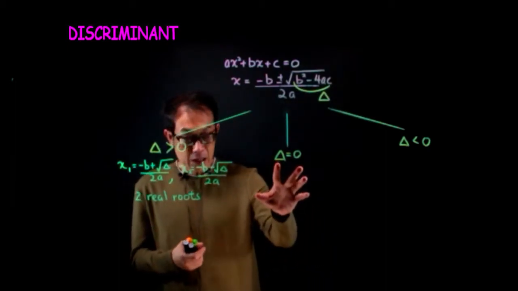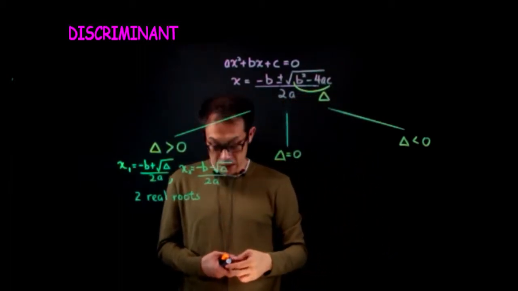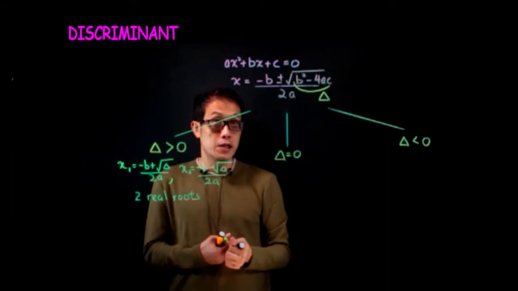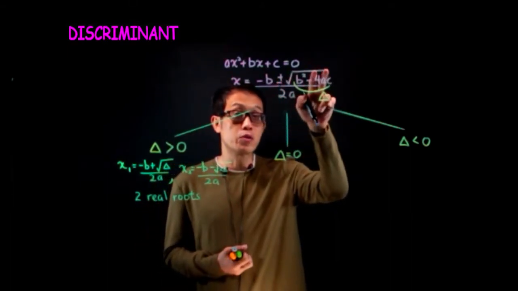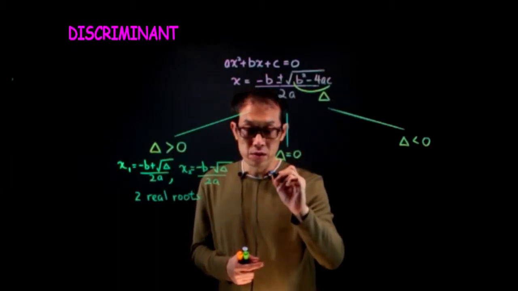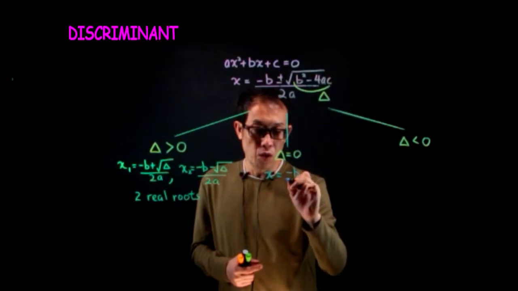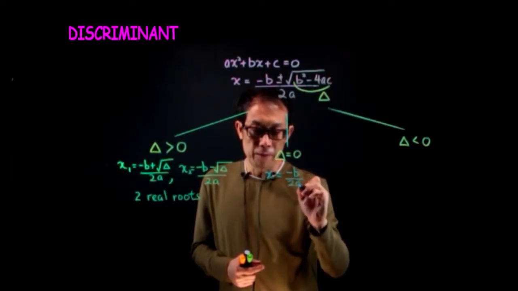Now what will happen if b squared minus 4ac, which is called the discriminant, is equal to 0? Then you will find that the square root of 0 is still 0. So you have repeated roots, so your x will be equal to minus b over 2a.